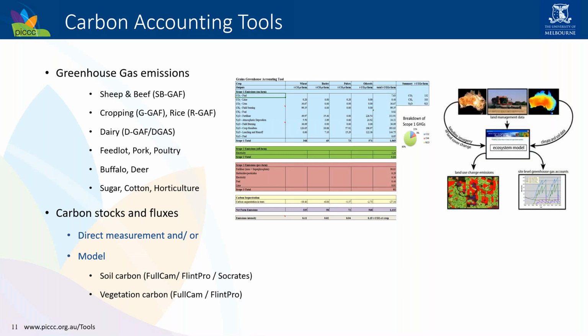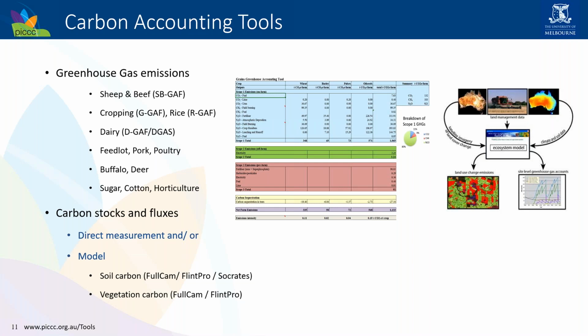So it's a very good educational tool, and it's what we use in these workshops when we are working with farmers and also rural professionals to get an understanding of their emissions. It has pluses and minuses, but it is one of the few tools that is consistent with the Australian National Greenhouse Gas Inventory methodology.